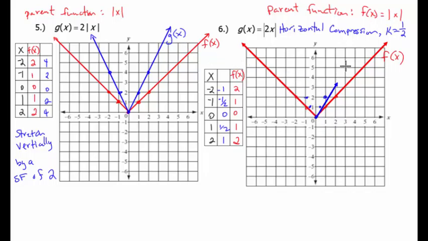And now let's simply connect with straight lines. You can see, because it's a horizontal compression, we have compressed inward on this function. And let's simply label this as g of x.